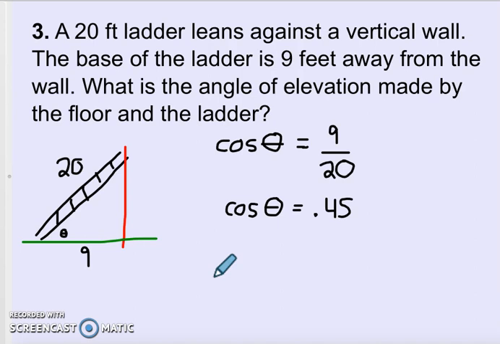Okay. I want to see cosine of blank equals 0.45. So I kind of need to get theta by itself. And I'll do the opposite of cosine, which is inverse cosine. So if I take inverse cosine, which we denote with a little -1, inverse cosine of 0.45, we'll be left with theta.